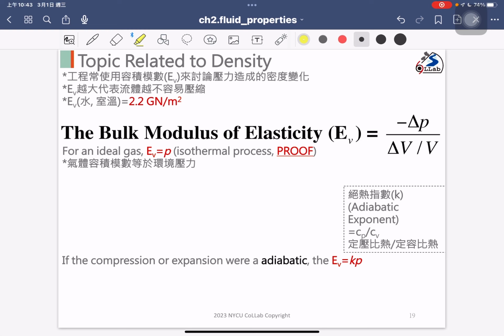So you can see the definition of the bulk modulus is the ratio of the pressure difference to the relative volume change. What does that mean? We need to define our system.